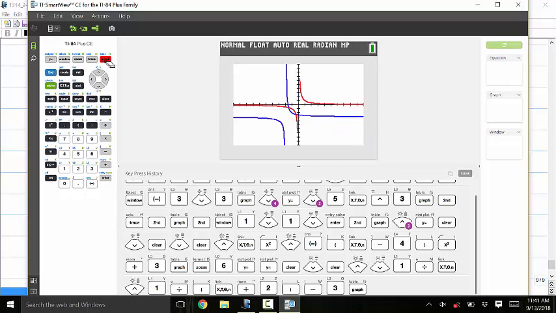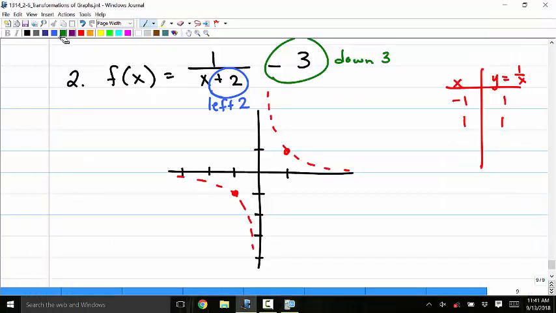The graph. The red is the 1 over x. The blue has been moved left and then down. How much left do you move it? 2. So this point's going to become here, and that point's going to go there. My new asymptote is there.